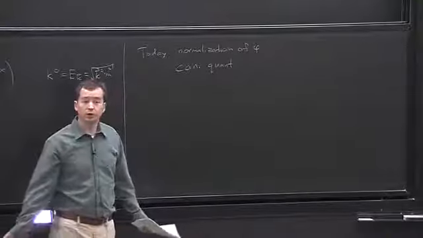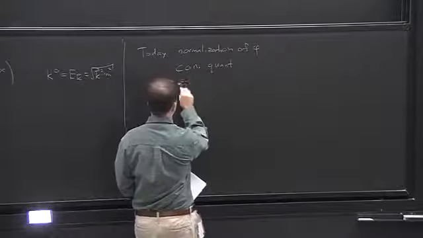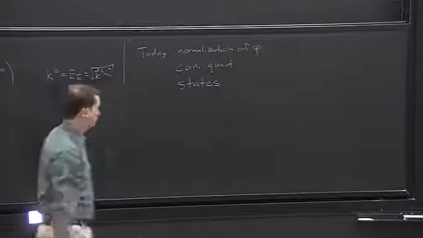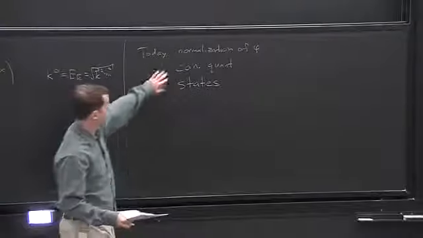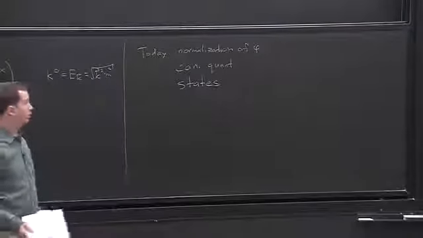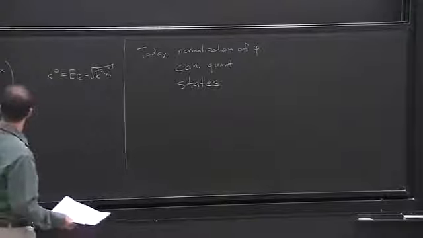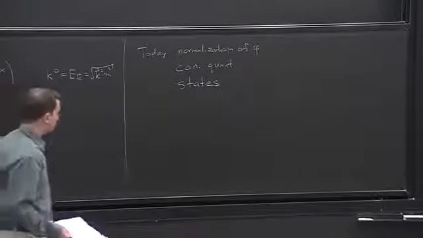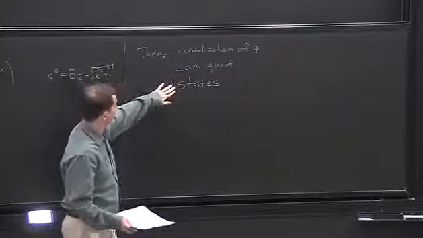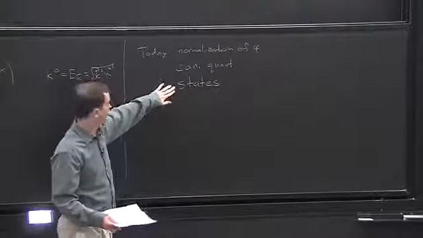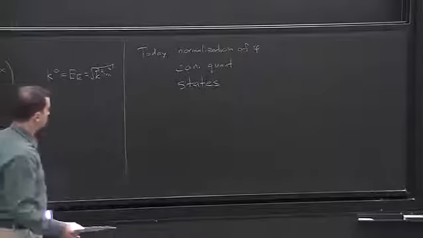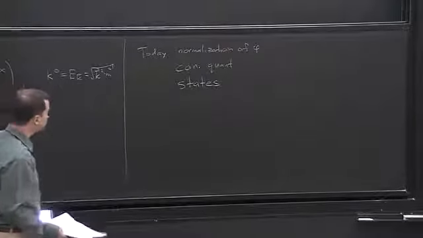And then we'll examine the states in this theory. And already we'll find some surprising differences compared to what you're used to in non-relativistic quantum mechanics. In particular, many quantities that we naively would think we could compute will turn out to be infinite, and this will be a recurring theme in quantum field theory.